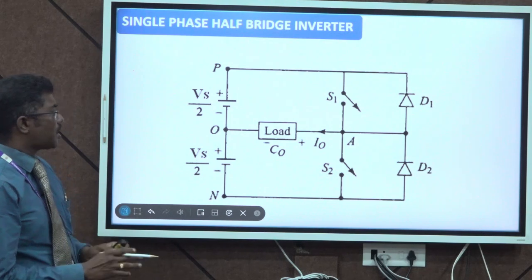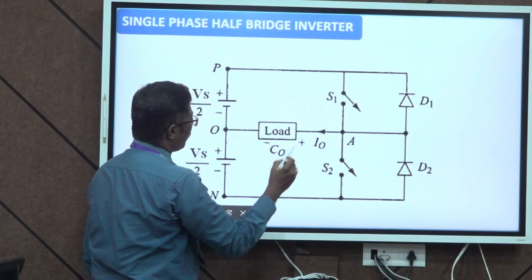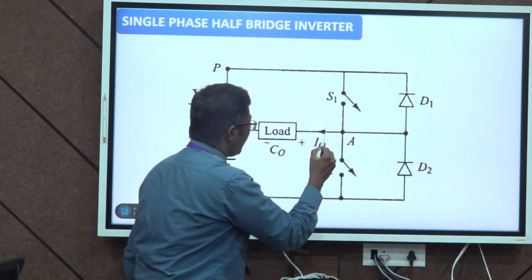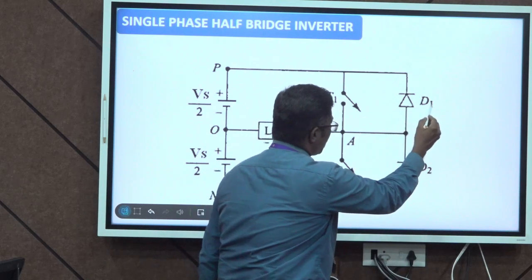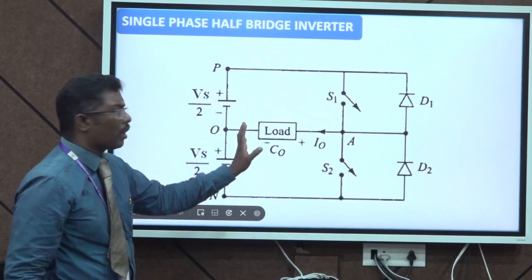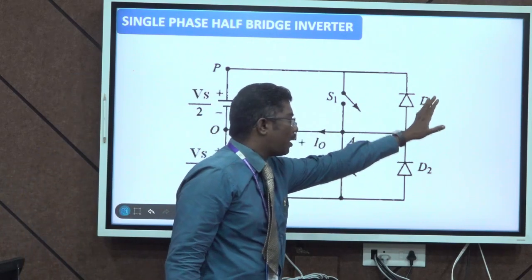So, this is the circuit diagram for the single phase half bridge inverter. It consists of a voltage source Vs, and here we are using two switches S1 and S2, and diodes D1 and D2. In general we consider the load as resistive, and there is no need to use the diodes.